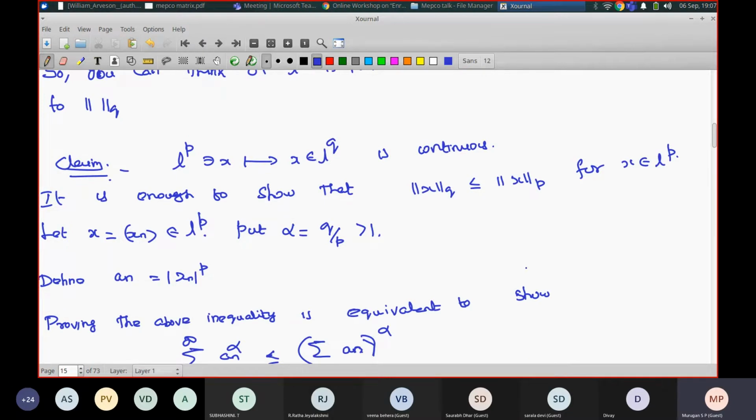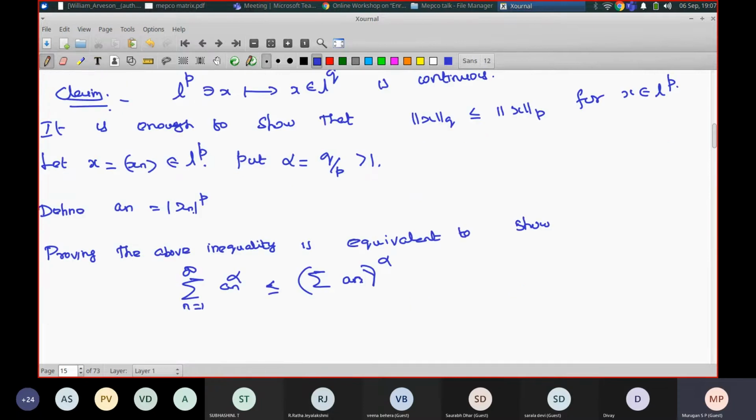For that, it is simple. You can take any element in LP and let alpha be equal to q divided by p. Since p is less than q, therefore q by p is greater than 1. Define an equal to modulus of xn power p. So we need to prove this inequality.